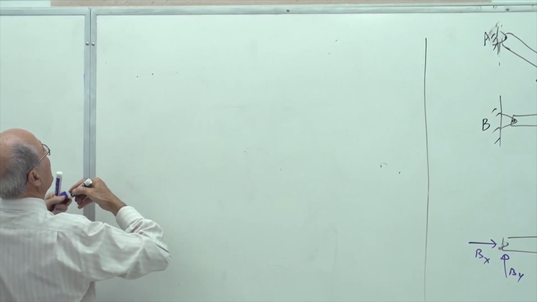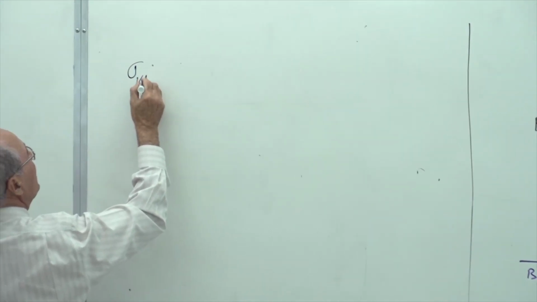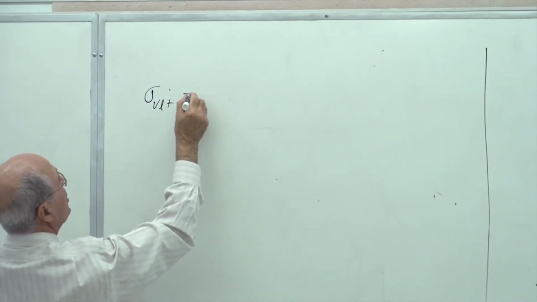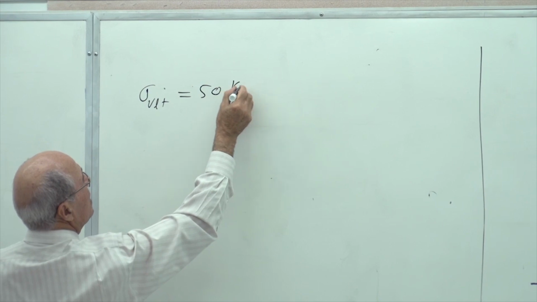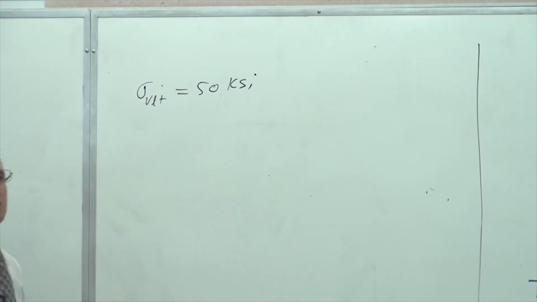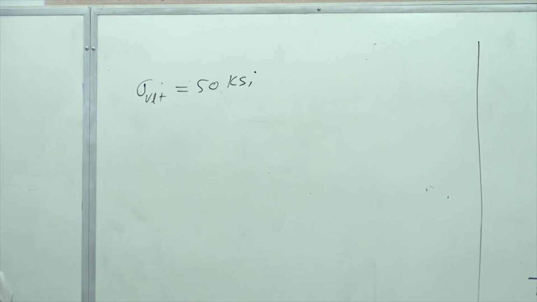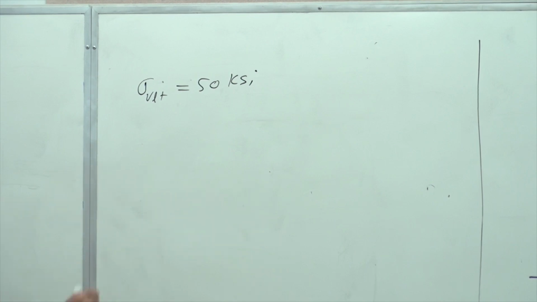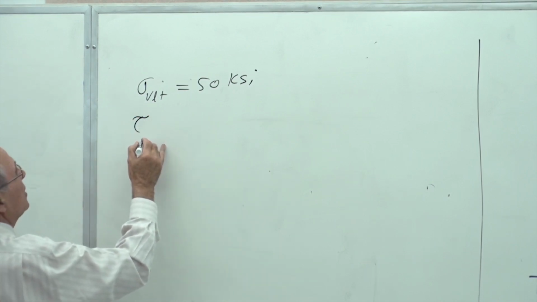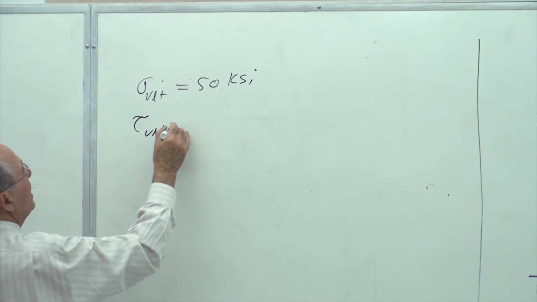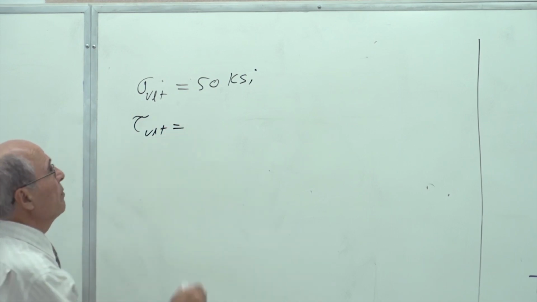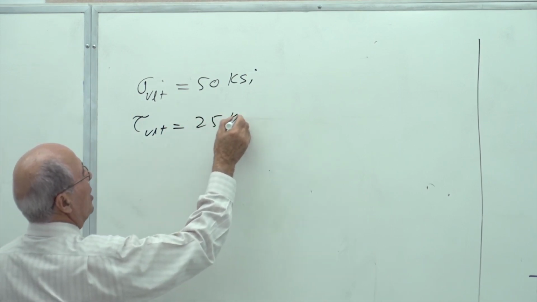These are the data. Sigma ultimate in any part of this structure is not to exceed 50 KSI, which is 50,000 PSI, yes? How about the shear value? The shear value is tau ultimate, again not to exceed 25 KSI, for example.